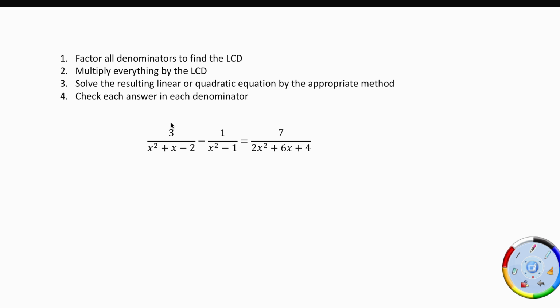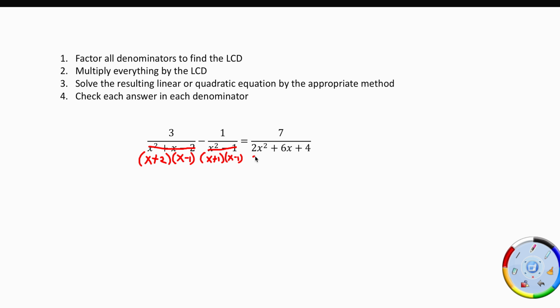Okay, factor all the denominators. So this one factors: two numbers that multiply to give negative 2 and add to give positive 1 are positive 2 and negative 1. This one is the difference of squares, so x plus 1, x minus 1.